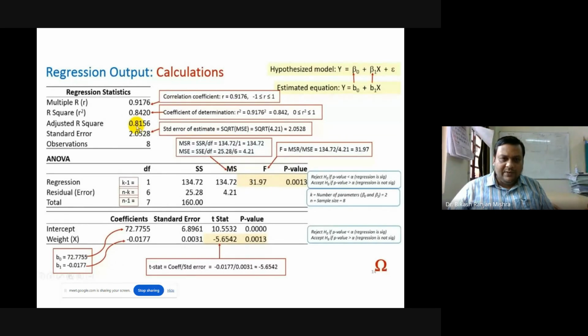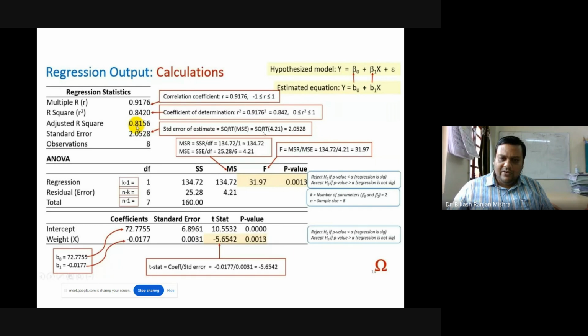Whereas here, the standard error in the regression statistics indicates that this 2.058 is the square root of this 4.21. This 4.21 is the error term, the residual series error term, whose square root comes out to be around 2.058.